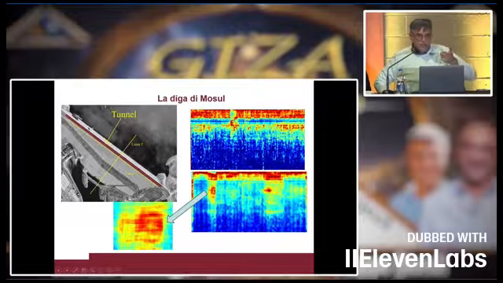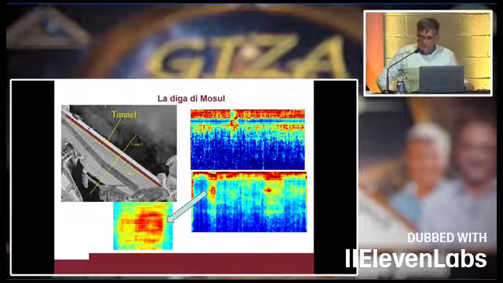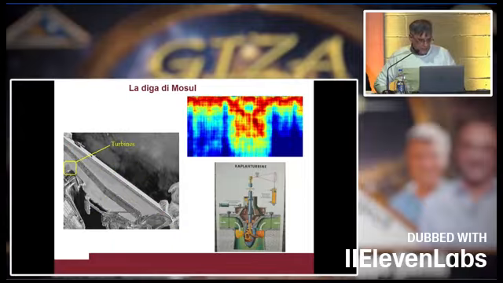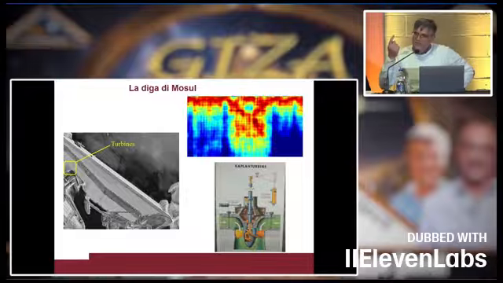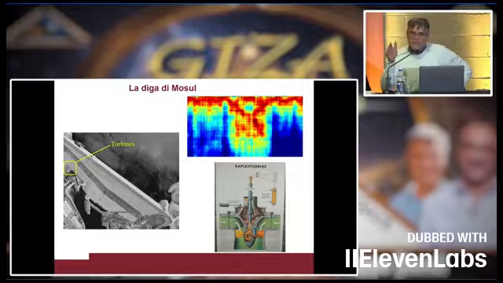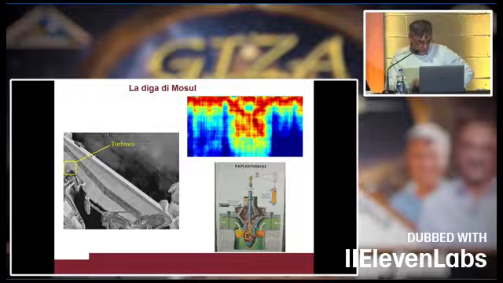But we had noticed that it wasn't just the gallery that was visible. Other nice things could be seen, and I wanted to show you them. You see how we came to see the area of the turbines. So we managed to take a picture of the turbines of the Mosul Dam. Because the Mosul Dam, besides holding back the water and creating the reservoir for agricultural uses, also currently generates electricity by means of hydroelectric energy.